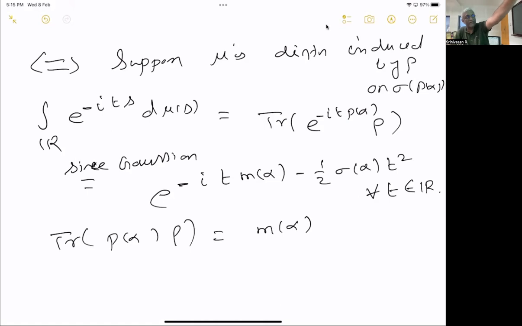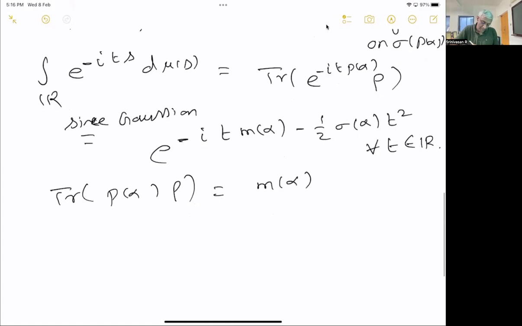The t squared term will vanish when you evaluate at t equal to 0, so you will only get m(alpha) when you differentiate once, possibly with a minus sign. So the trace of P(alpha) rho is equal to m(alpha). This is one thing you get. Then differentiating twice.